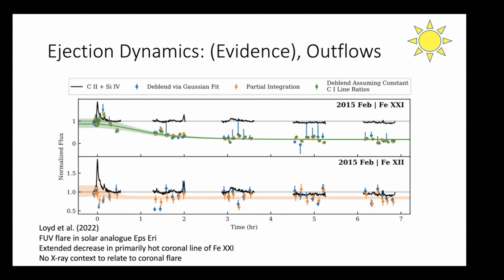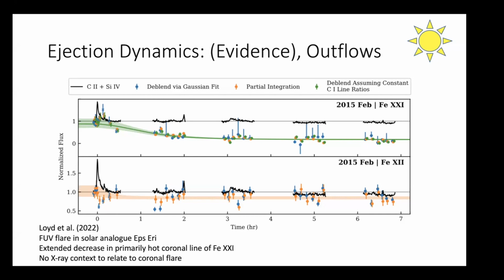The key feature that these authors point to is the fact that there's very little evolution of the iron 12 plasma in the light curve, and there is a decrease in the iron 21 plasma when you look at the times near the silicon-4 flare and compare that to later times, several orbits later. So they are interpreting that as a coronal dimming that lasts for several hours.